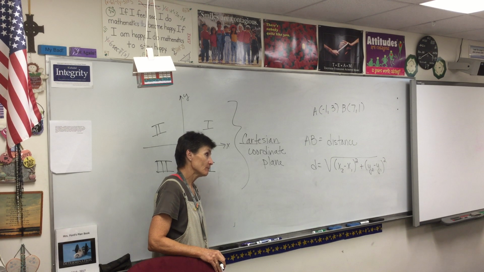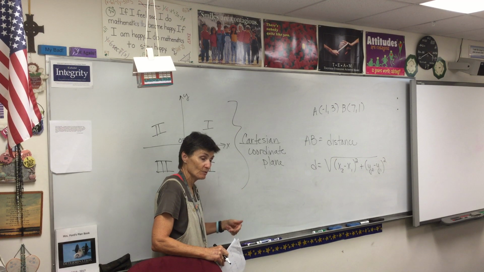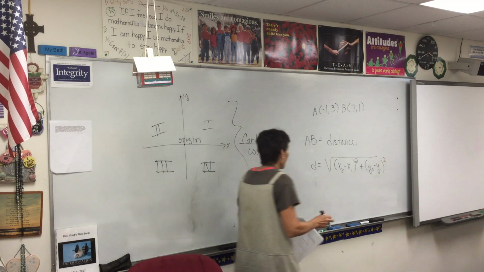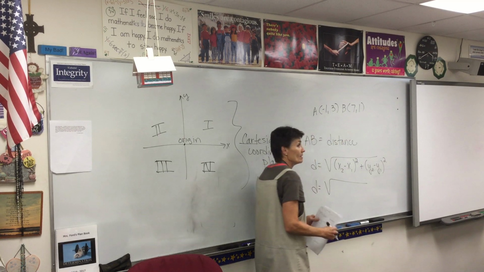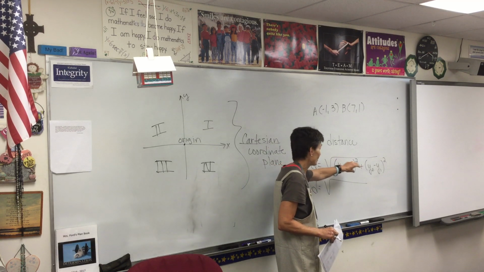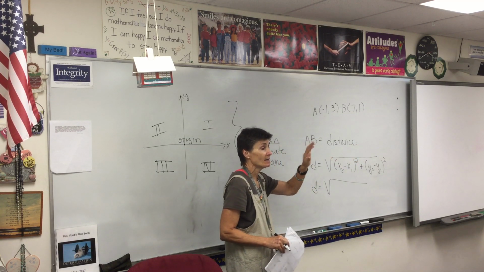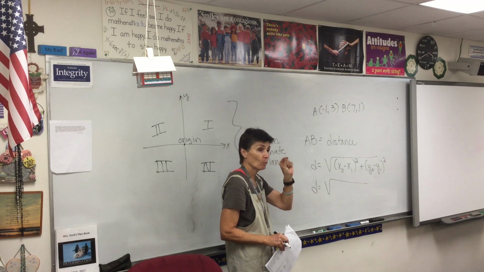Now that better look familiar to you because you did it in first year algebra, geometry, and second year algebra. You've seen that before. And by the way, no one is ever going to ask you to write the distance formula. So if all those letters confuse you, it's fine. Just know how it works. You don't have to write the formula. You just have to know how it works.